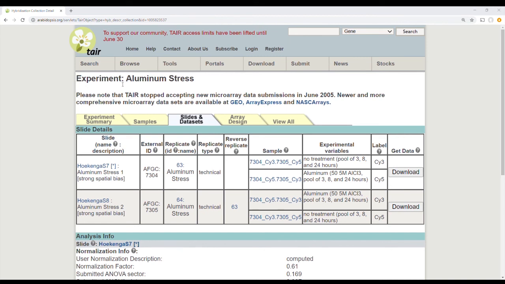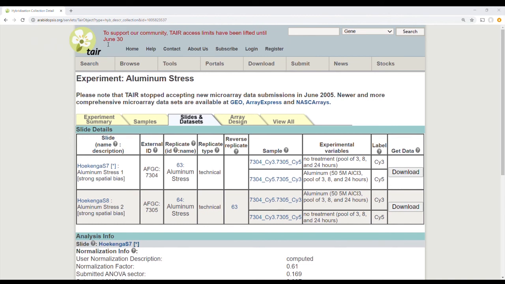Okay, so if I look at my, I guess that would be my fourth gene, AT2G15240. This is a gene that's on the second chromosome.